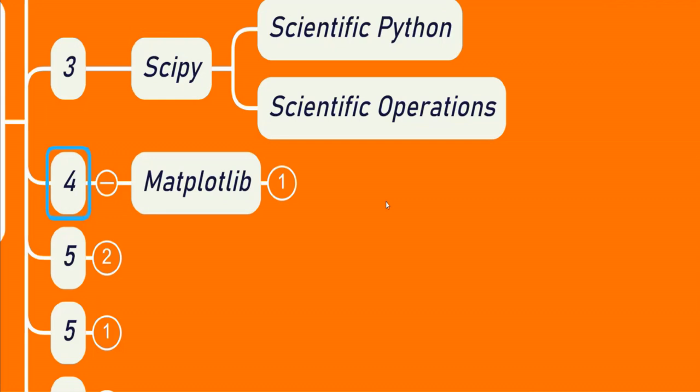Then we have Matplotlib. NumPy, pandas and all deal with the data, right? But the final output mostly will be in the form of Excel, tables, rows and columns, like that only. But as humans, it is difficult for us to come to a conclusion by seeing Excel or table format data. We always prefer visualization, like in the form of a chart or plot.